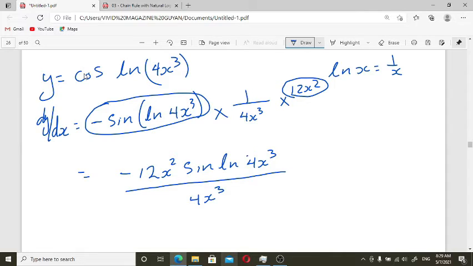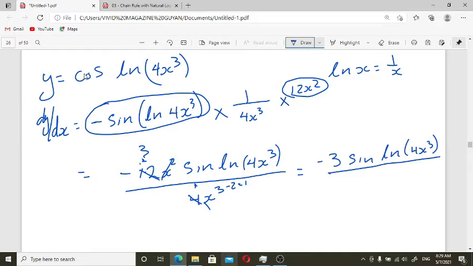This here is special. So just focus on this here to work with this here. So 4 1s, 4 3 is 12. This goes, so 3 take 2 is 1. So now we have minus 3 of sine ln 4x cubed, all being divided by x.